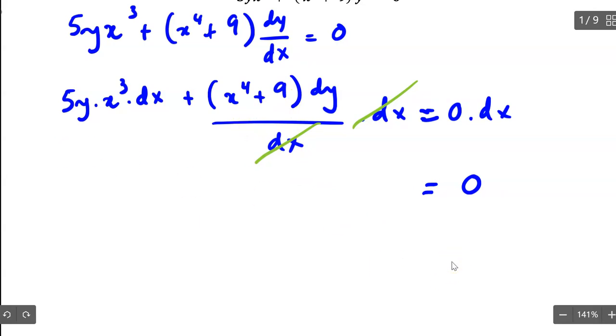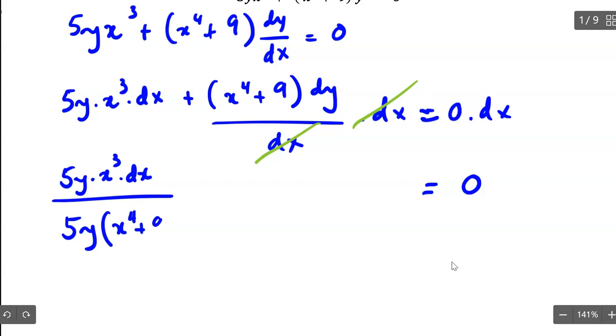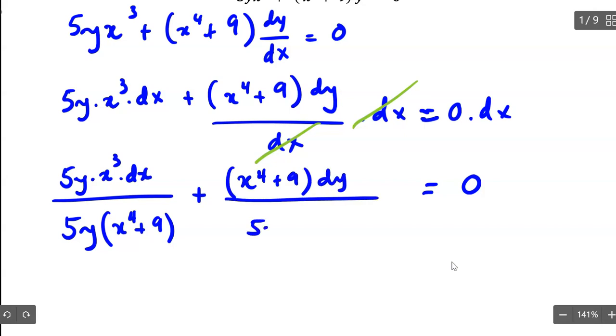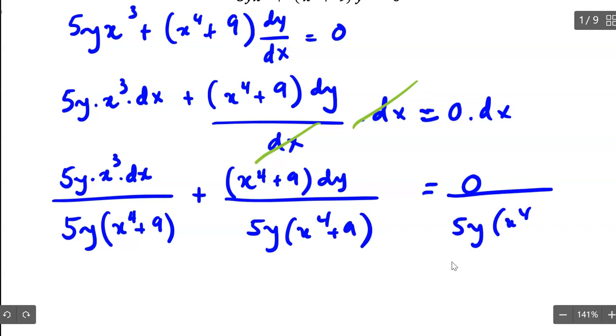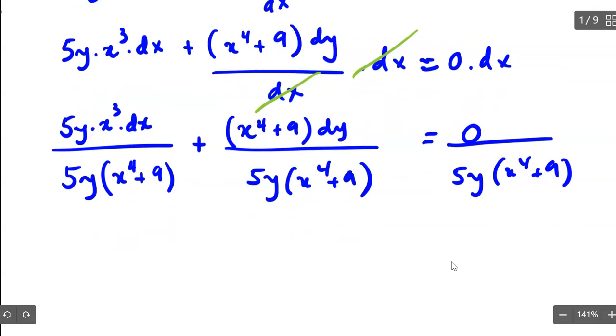Okay, so I will divide it by 5y and multiply with x to the 4 plus 9. To here, I will divide it by 5y. So this is 0, 5y, x to the 4 plus 9, and 0 divided by that just becomes 0.